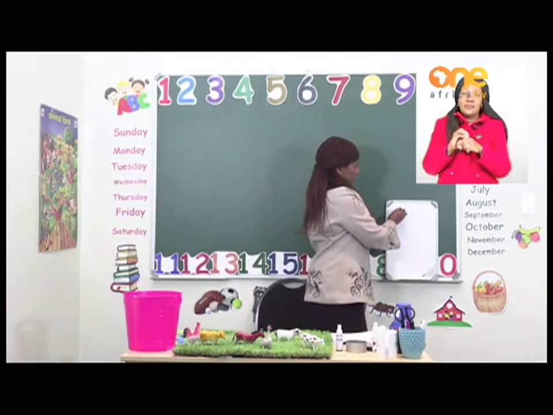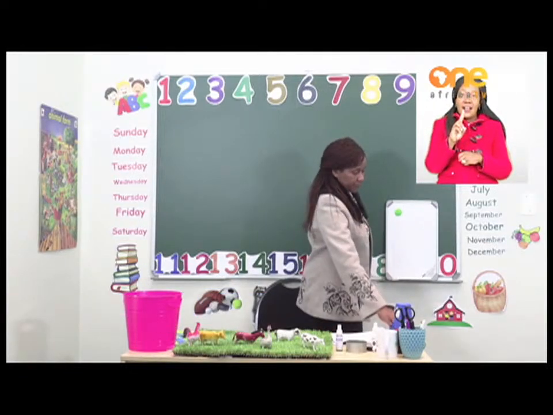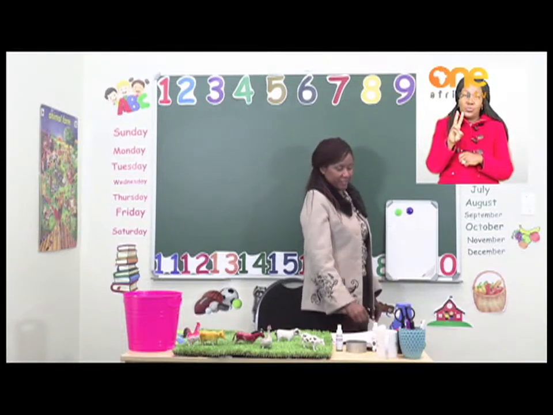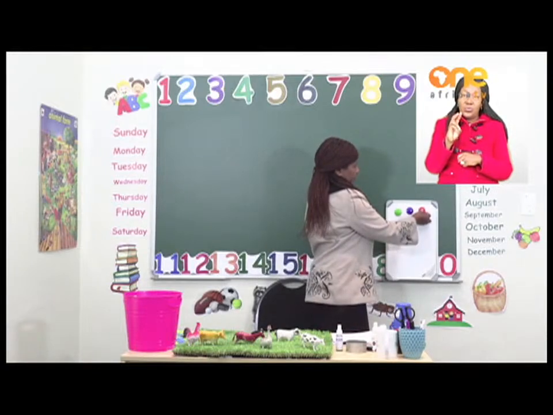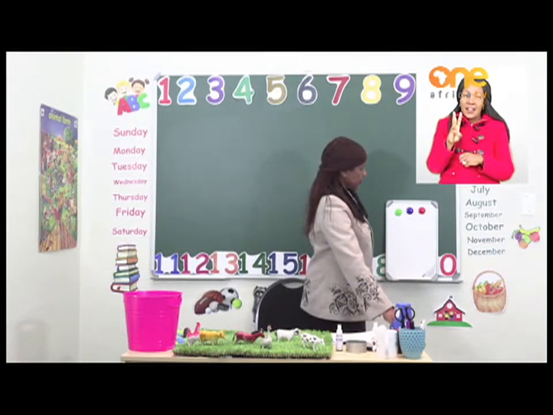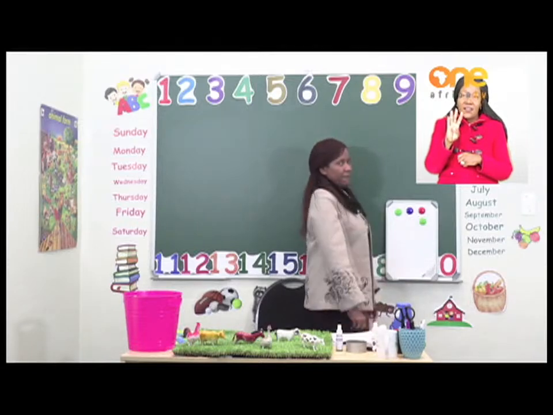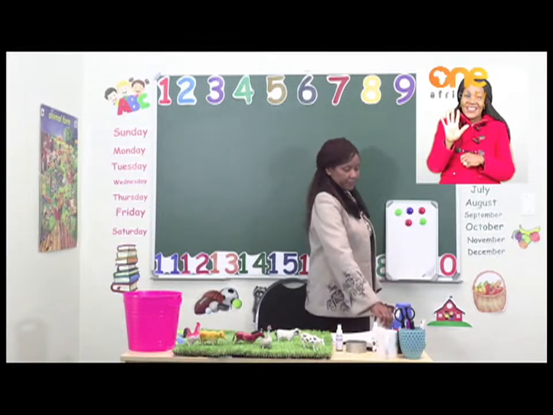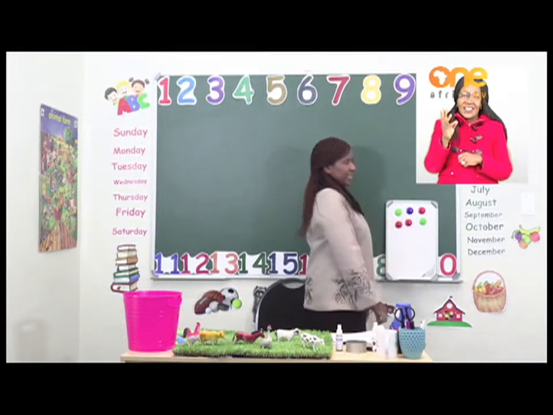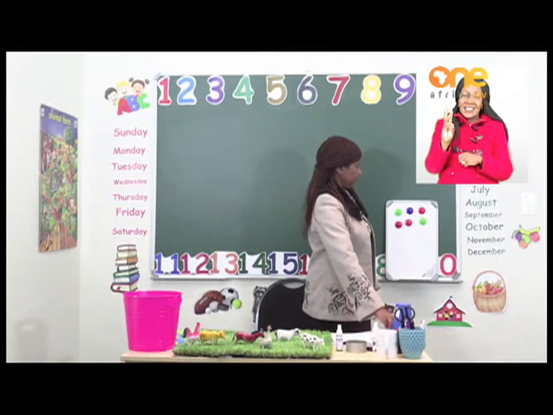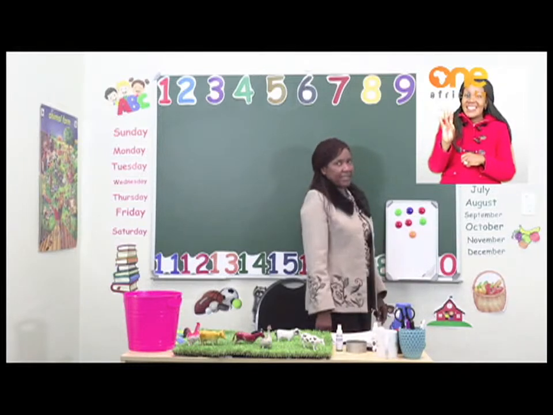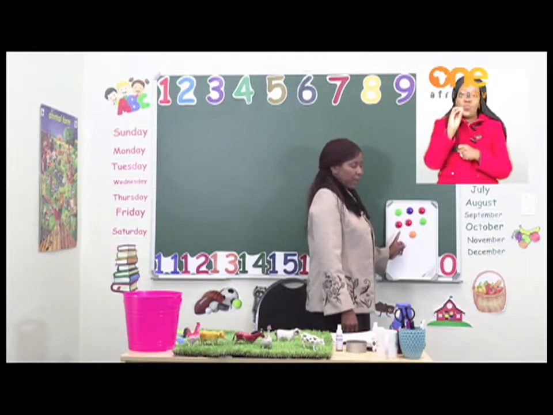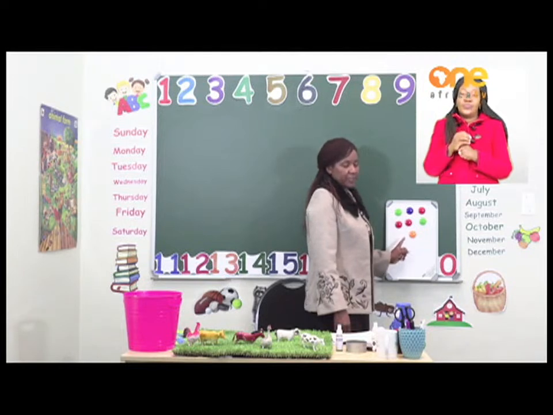Let's count. 1, 2, 3, 4, 5, 6, 7. All together we have 7 magnets on the board of different colors.